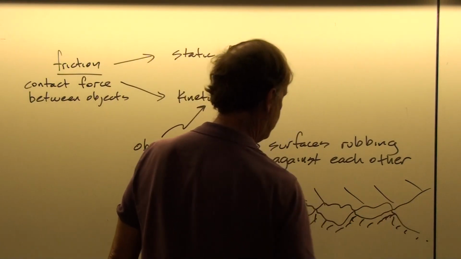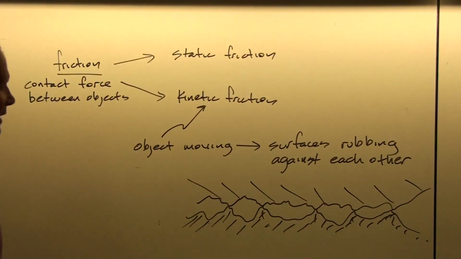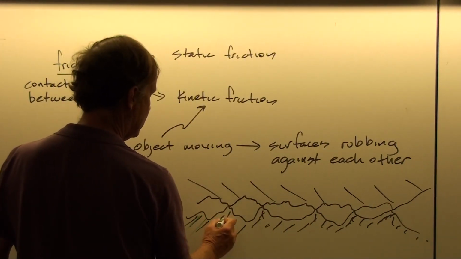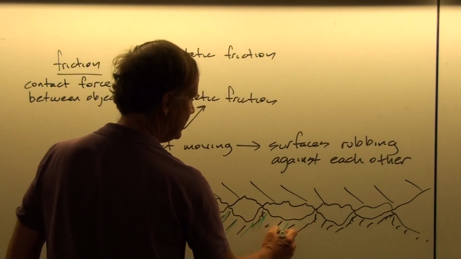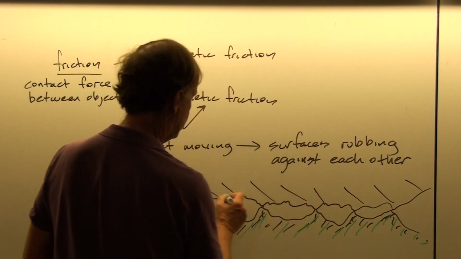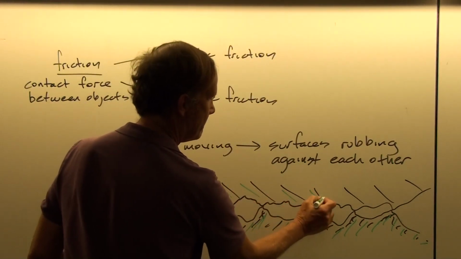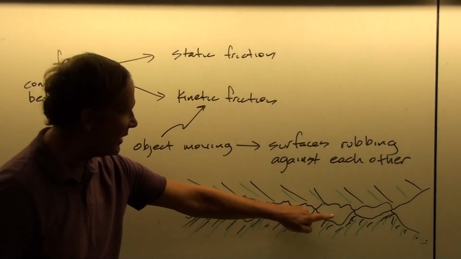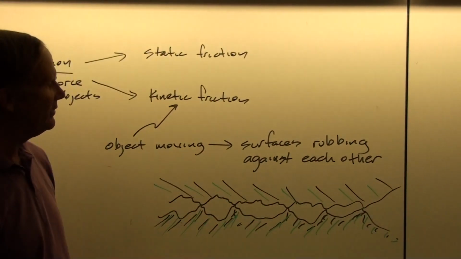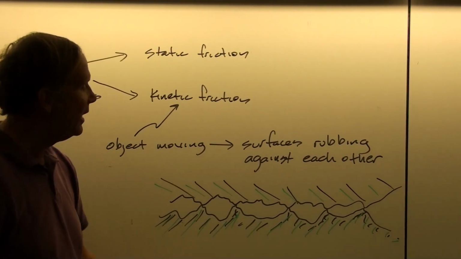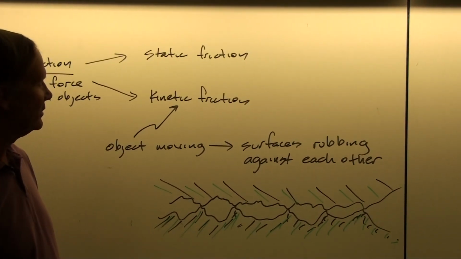But what we see here is that these surfaces only come in contact in a very few select points. And so those points then rub against each other, and then hills fall into valleys, and so that creates a resistive force depending on how jaggly the surfaces are.